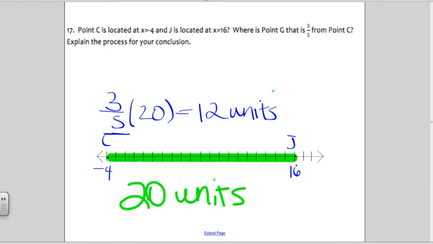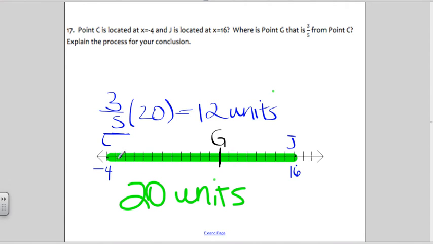Now I just need to count, because I want it from point C, so I need to count 12 units from C. 1, 2, 3, 4, 5, 6, 7, 8, 9, 10, 11, 12. So I know that point G should be right here. Now, where is that on the number line? So there, now I'm just going to have to label my numbers here.